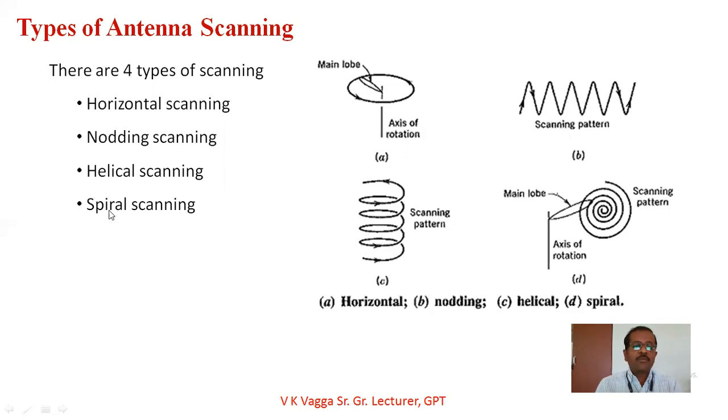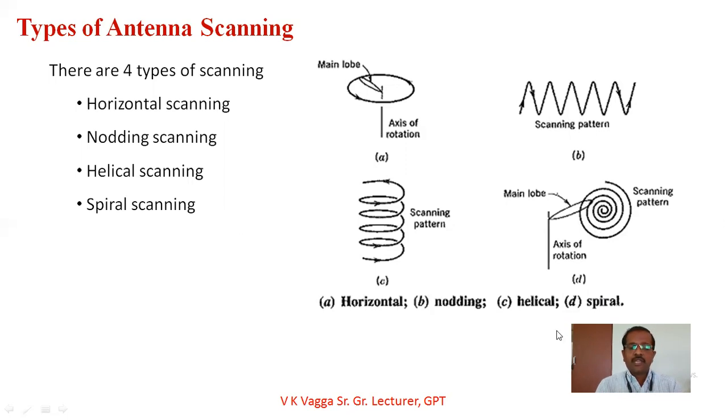And one more is spiral scanning. It is going to start from the center point and increase in distance, increasing its area of coverage. If it scans in this way, it is called spiral scanning.